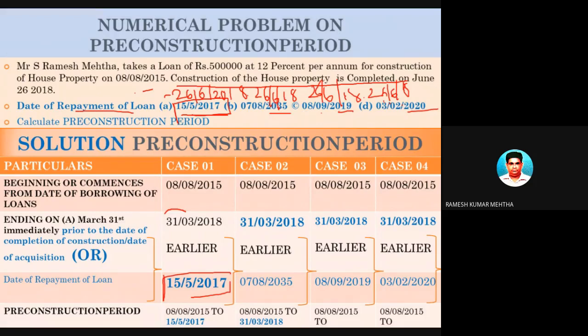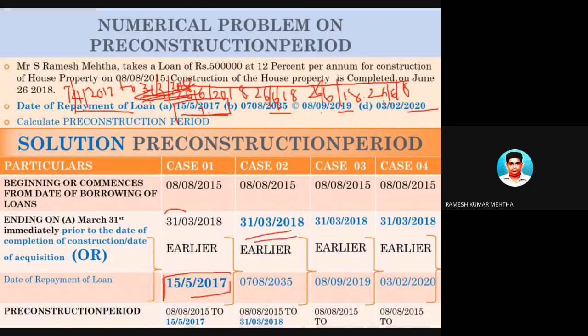So before this, you have to find out which is the financial year preceding this particular date. The previous financial year preceding the date of completion of the house property is 1st April 2017 to 31st March 2018. So here you have to take this and compare it with this: 31st March 2018 compared with 15/5/2017.